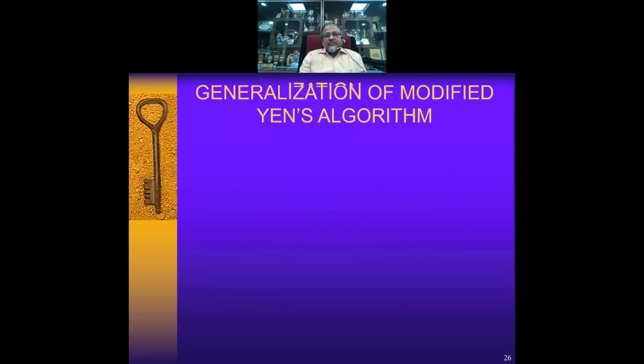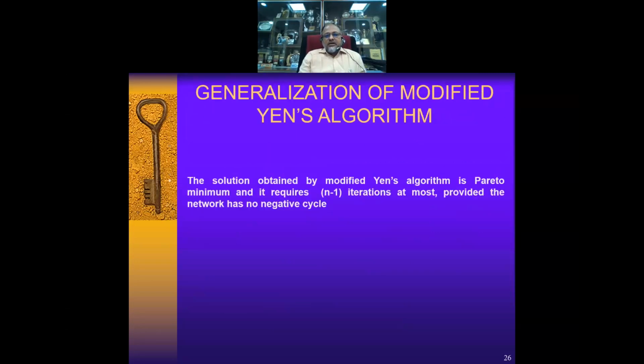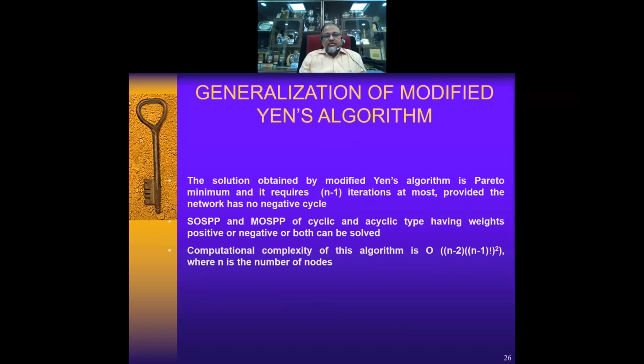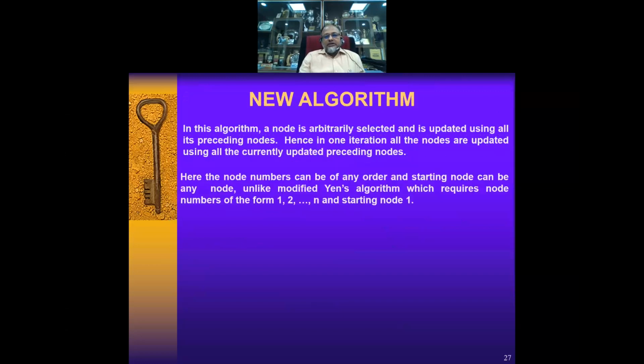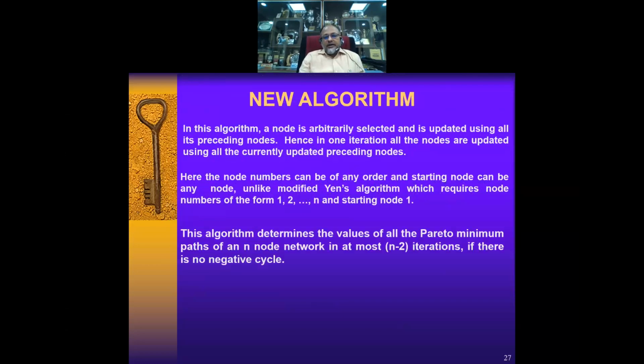Another algorithm was also developed by us, a generalization of the modified Ford's algorithm, developed by Dr. Sastry, Dr. Ismail Mohideen, and Dr. Janagiraman. This algorithm requires order of (n-2) into ((n-1) factorial) squared. Again, it is an exponential time algorithm. And the third one, combining these two algorithms, we developed another algorithm.